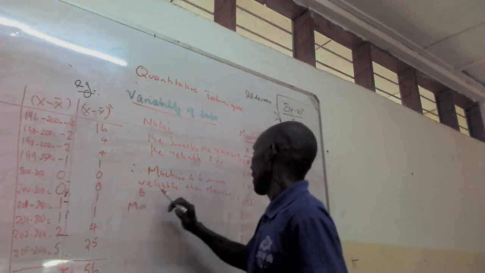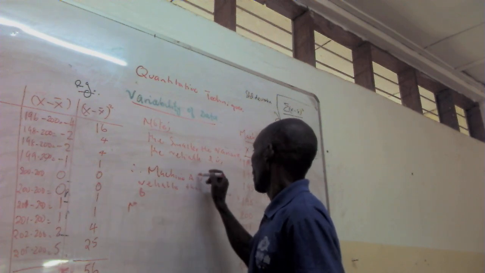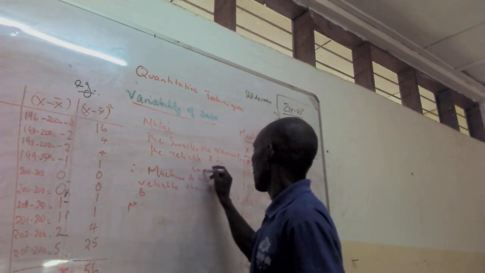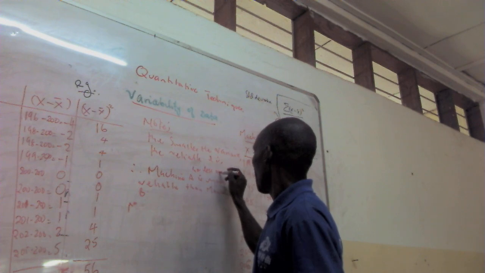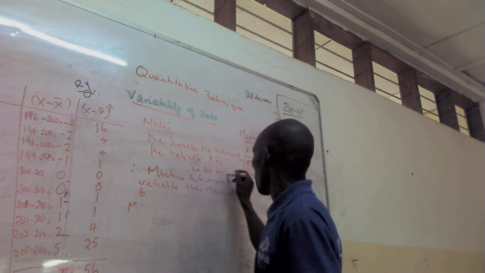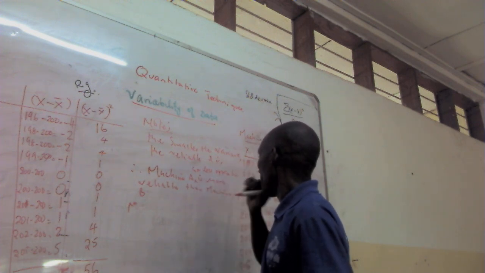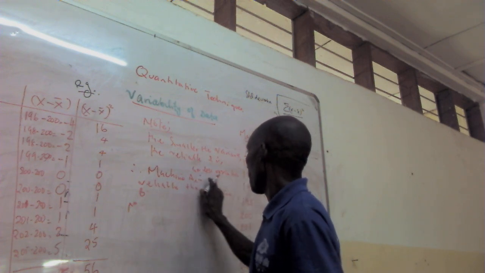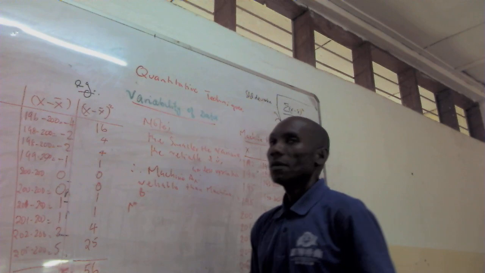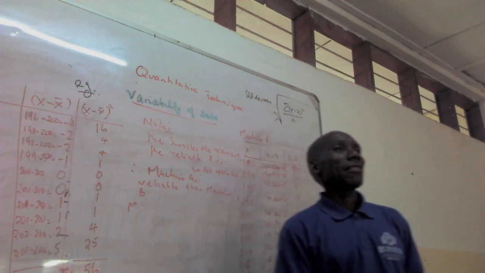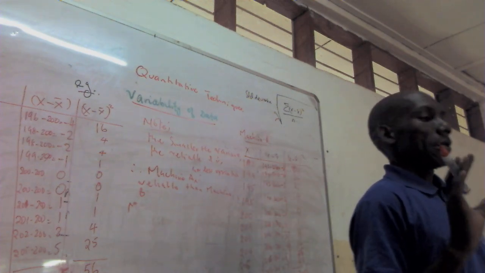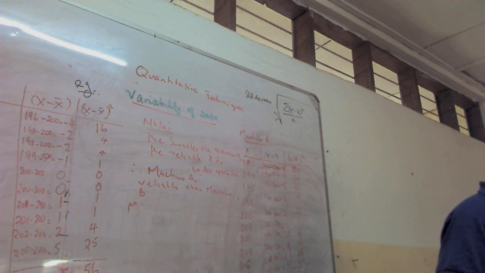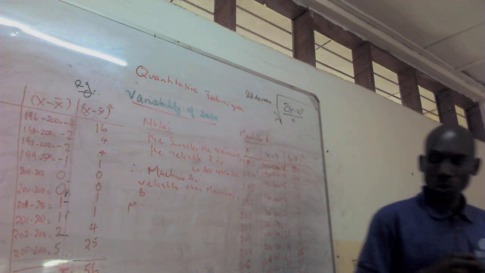Machine A has less variation than machine B. In other words, the machine that has less variation is more reliable.